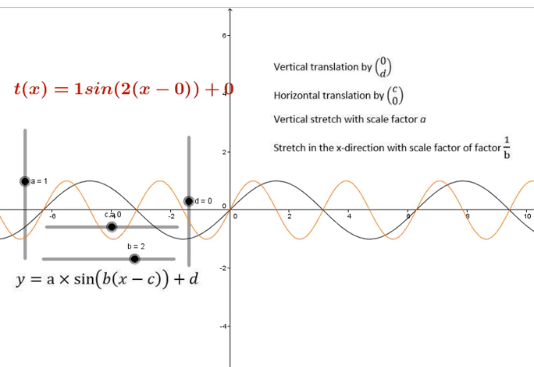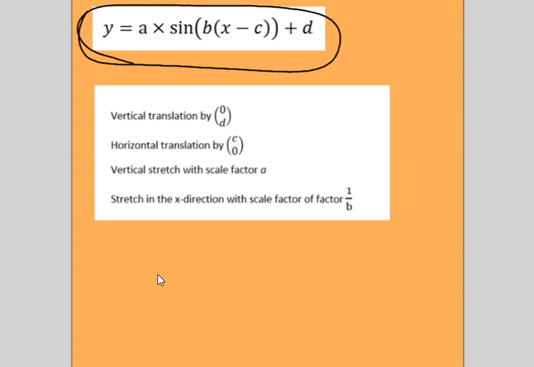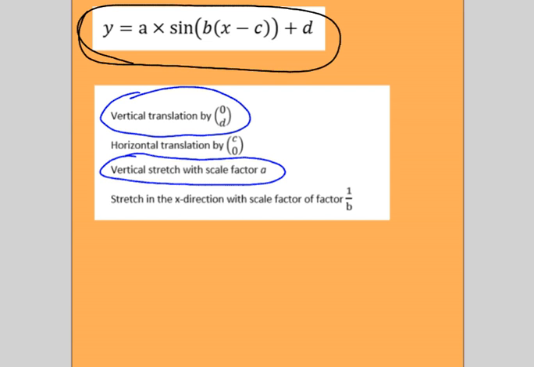Okay, so let's summarize these results. We have the vertical translation by d and the vertical stretch scale factor a. Let's just do our little table, in, out.